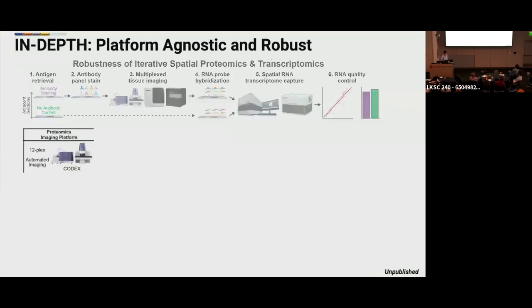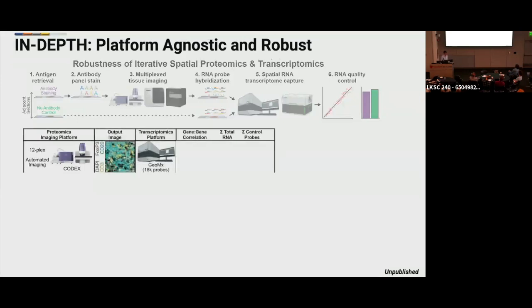level? Spoiler alert, first we did CODEX, you get pretty pictures, then you put it onto an RNA platform like the GeoMx, you get pretty good correlation, you get pretty similar total RNA levels, and your control probes pretty low.